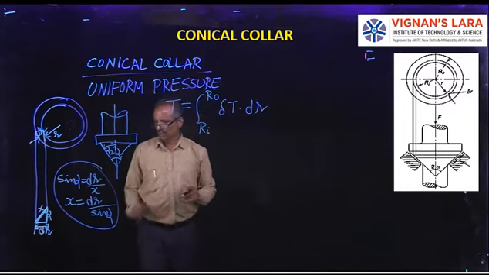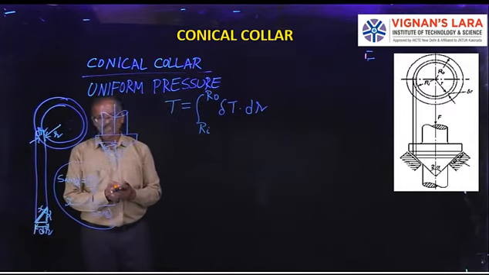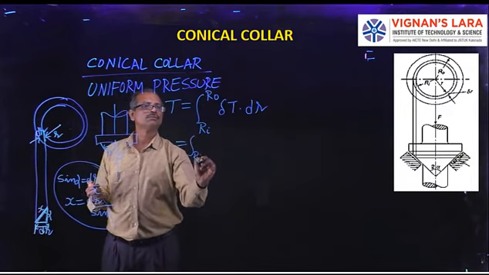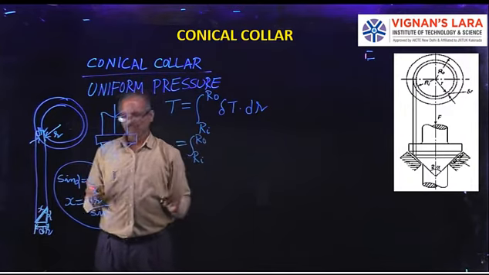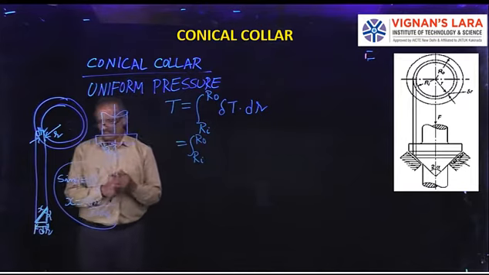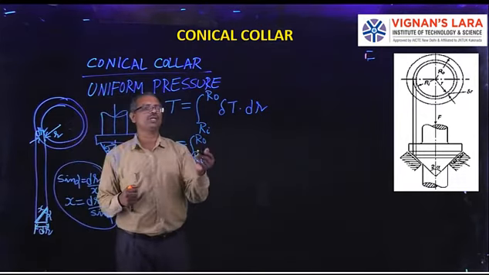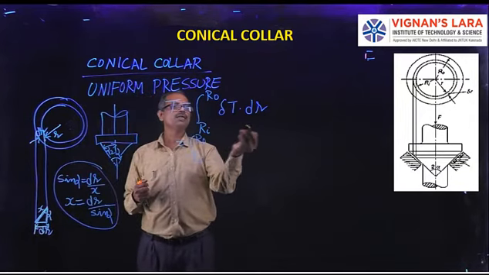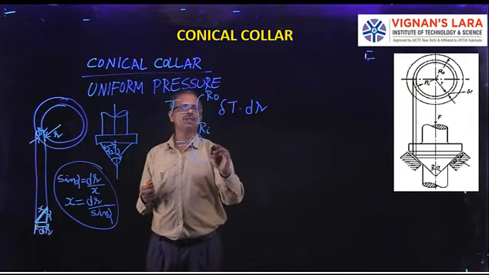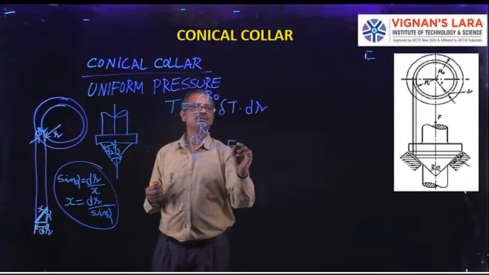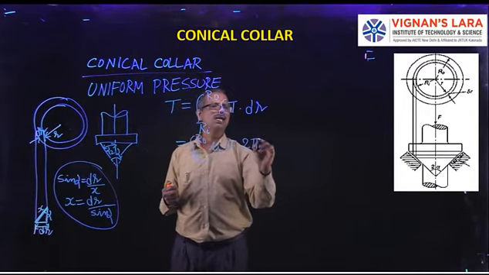So that is the total frictional torque. You can write this as the integral from Ri to R naught. What is delta T? We can write delta T, which is nothing but frictional force into radius. What is the frictional force? That is mu F 2 pi r.